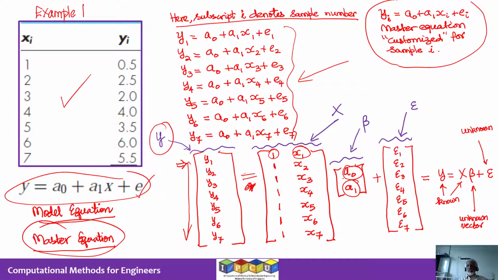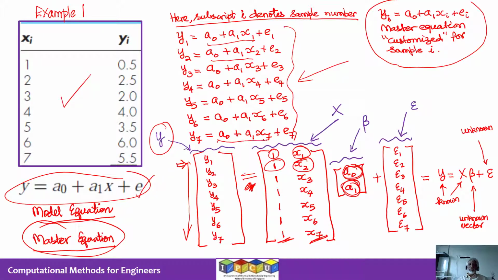So for the first equation, it will be 1 times a0 plus x1 times a1, which is a0 plus a1 x1, which is what you see here. If you look at the second row, 1 multiplies with a0 plus x2 multiplies with a1 to give us a0 plus a1 x2, which is what you see on the right hand side for sample 2. Likewise for sample 7, it is going to be 1 times a0 plus a1 times x7, which is what you see here.